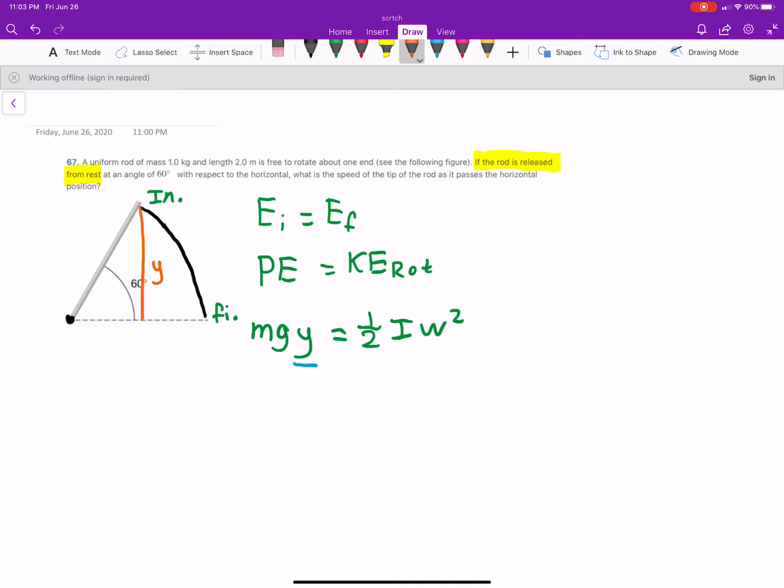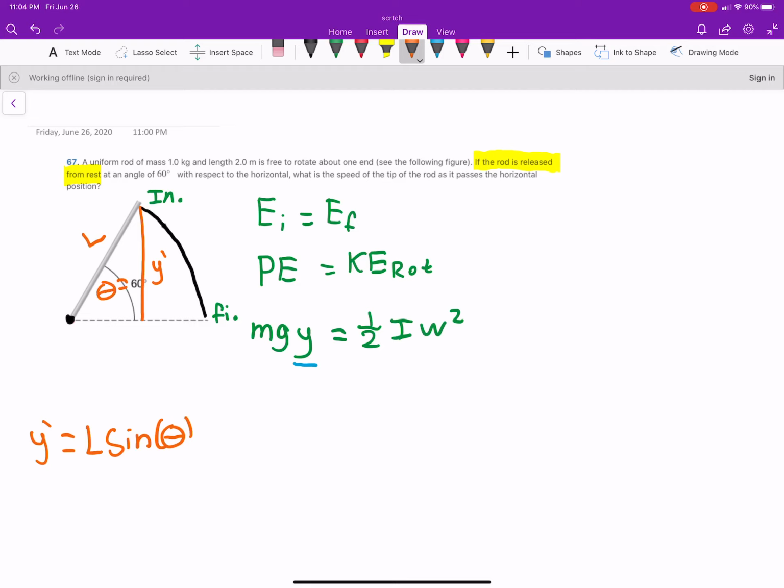We'll call this y prime just so we're not confusing it with the y in our equation, and this is length L. Then we know that that height is L sine theta, where theta is the 60 degrees.